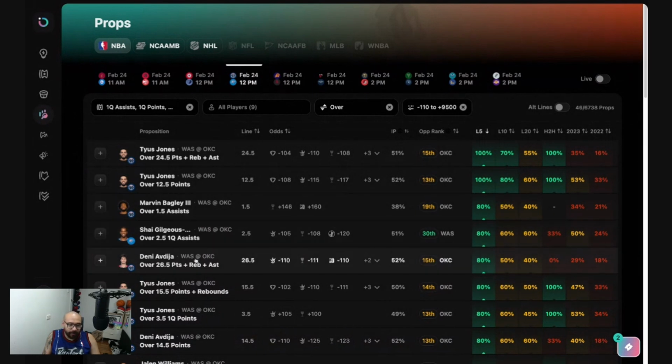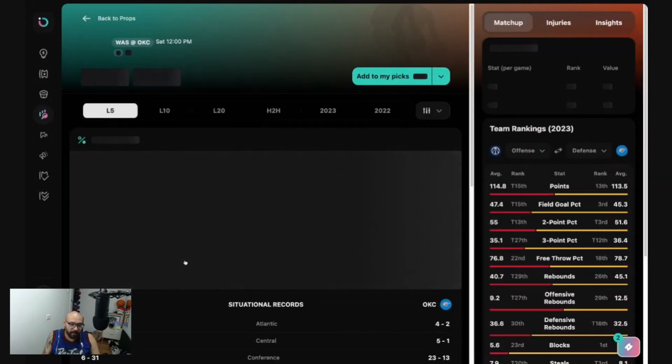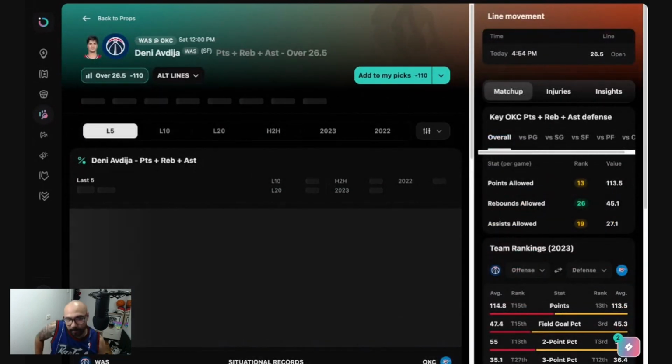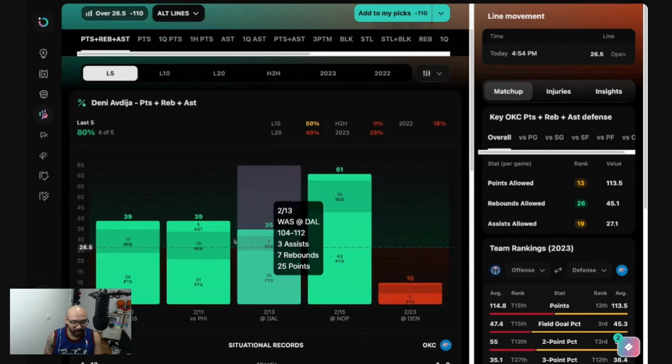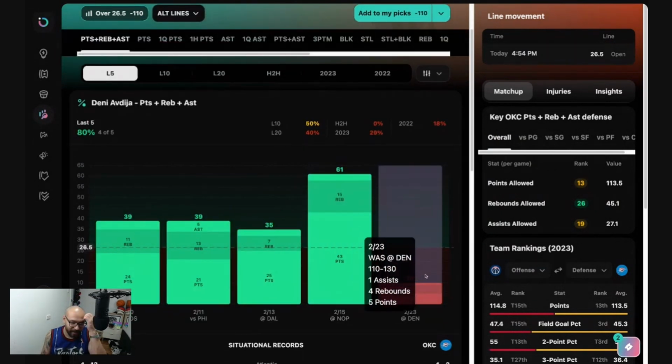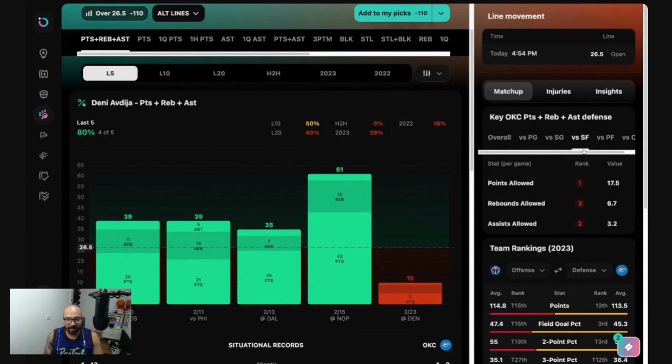Denny Avdija, his PRA of over 26.5. Now, he did have some really big games just before the All-Star break, but he sucked today. So before the All-Star break, he was killing it. Came up against the Denver Nuggets, had 5 points, 4 rebounds, and 1 assist. He's got a very difficult matchup. Check that out.